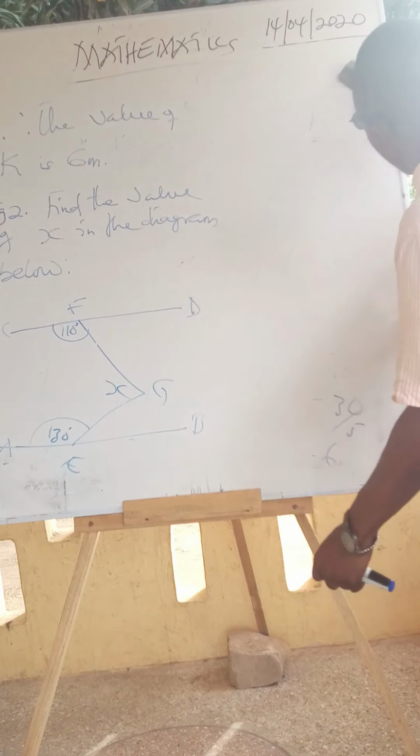Let me put this arrow here for the parallel lines. So here is 130, 110 degrees. Here is x.